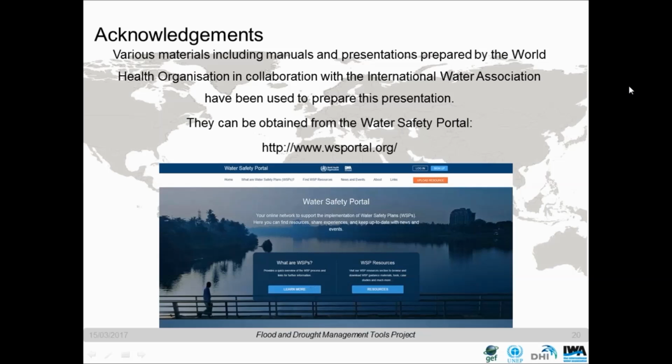As we said, WSP is a proactive management approach, and so of course when you are having incidents of floods and droughts, they are bound to impact on the utility. For example, you might find that the water quality changes, or even the quantity either reduces or increases depending on whether it's a flood or drought, or your infrastructure gets impacted upon negatively.